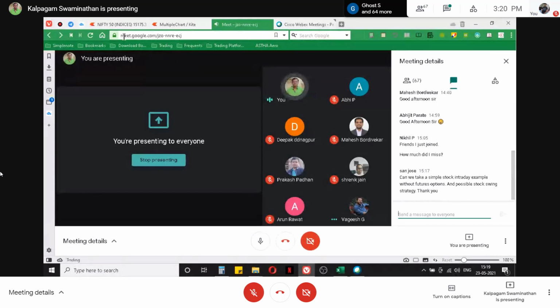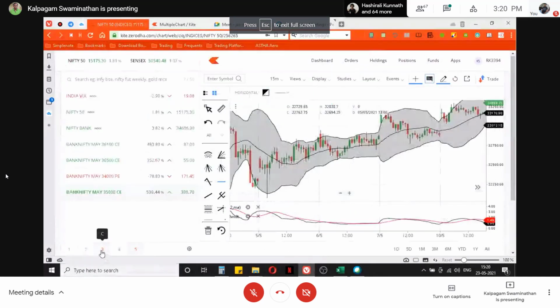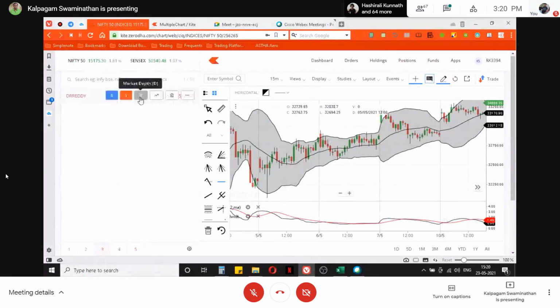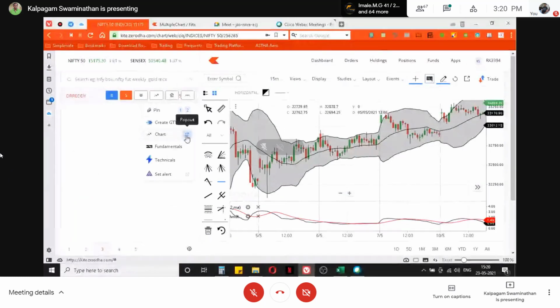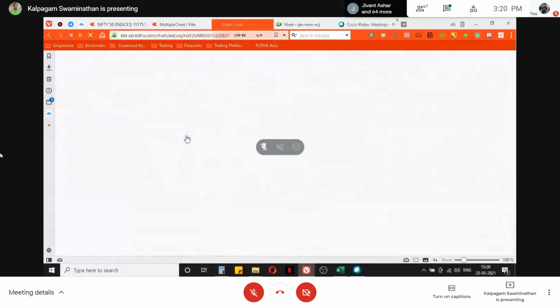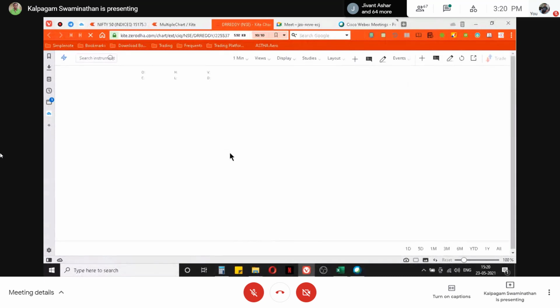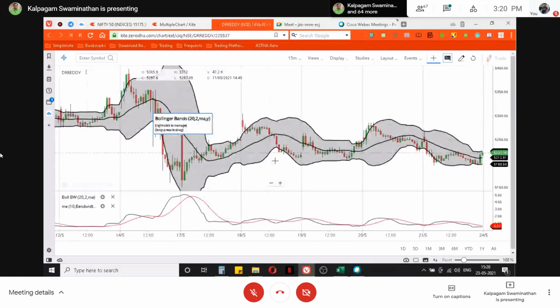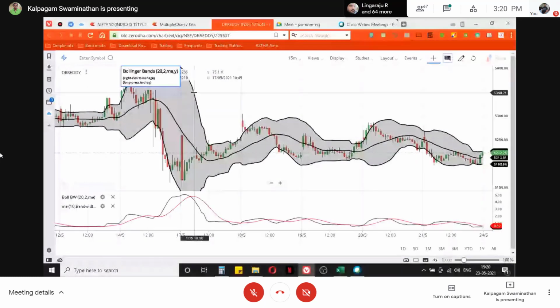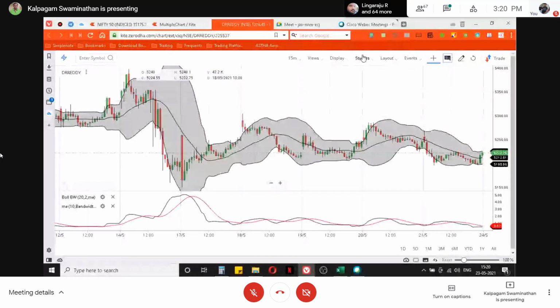Stock intraday example without futures options, stock swing trend strategy. Shall we take Dr. Reddy as an example? Let me remove all this.